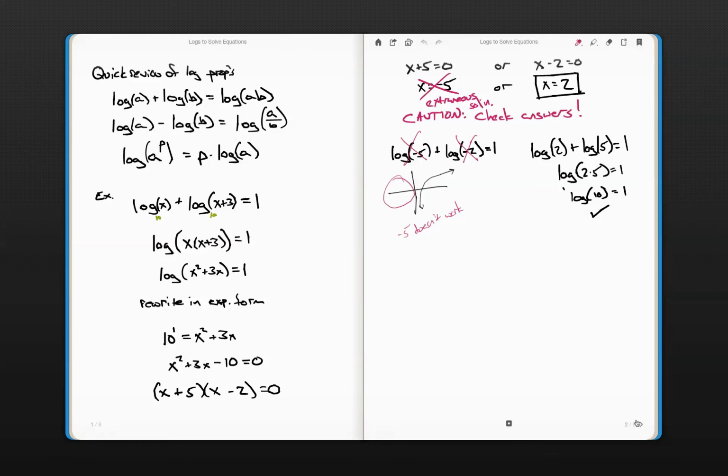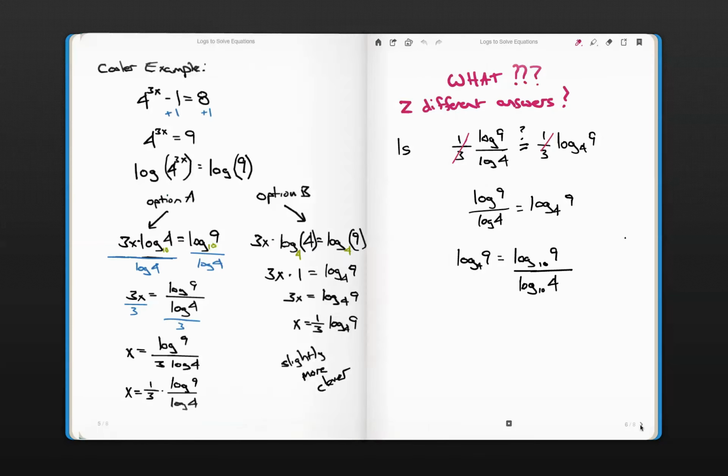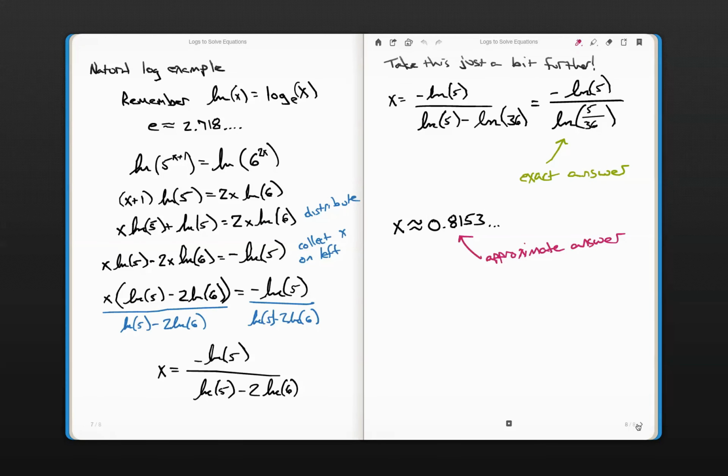In the real world, and especially in the fields of science and engineering, finance, biology, ecology, populations growing and decaying, logs and natural logs show up all the time. Especially natural logs. For those going into biology, ecology, natural logs show up a lot.